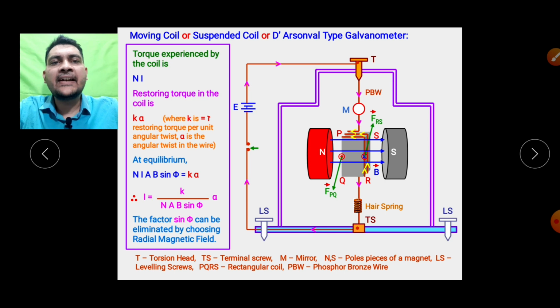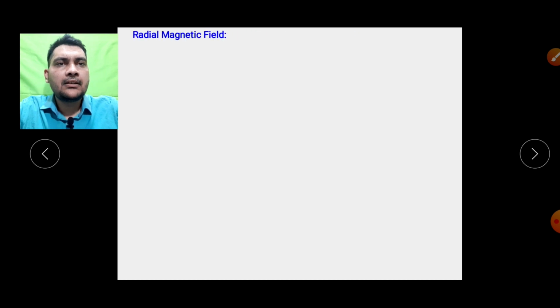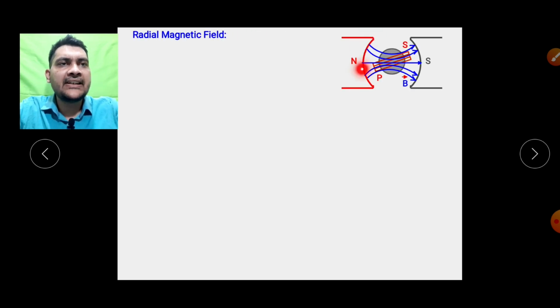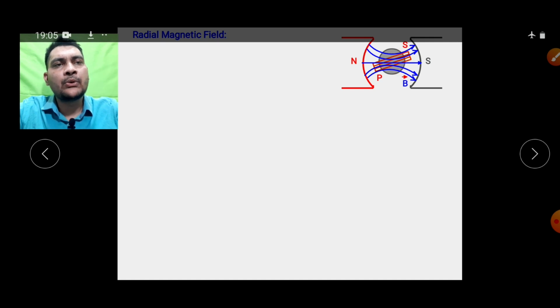Here the sin phi can be eliminated by choosing a radial magnetic field. Here phi is the angle between the normal of the coil and the magnetic field. Radial field means the poles are in curved form like this, so the magnetic field always remains perpendicular to the normal of the coil.